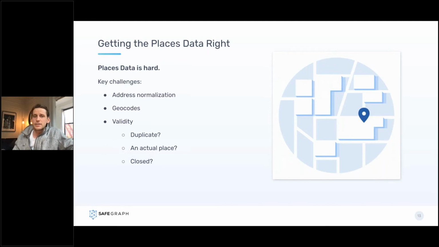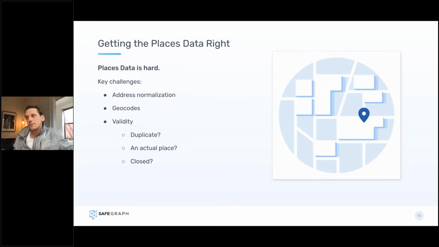Also, geocoding, being making sure that you have an accurate latitude, longitude associated with a point of interest, can be exceedingly difficult because the idea of what is the actual true point that we want to start with varies from place to place and provider to provider and source to source. So you'll often hear the term centroid, so the center of the building. That can be really misleading if you have an awkward building polygon and you're trying to calculate the centroid.